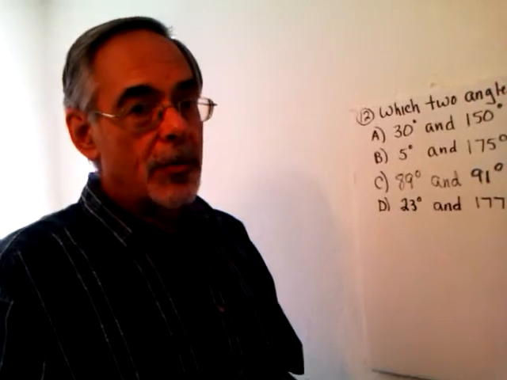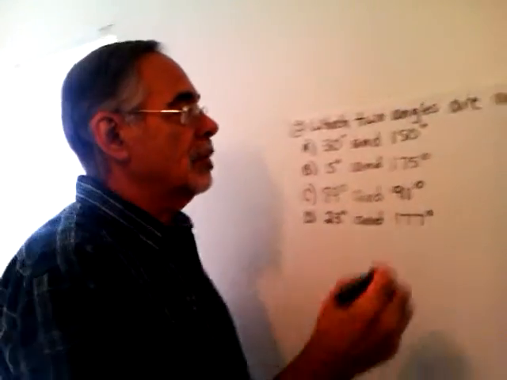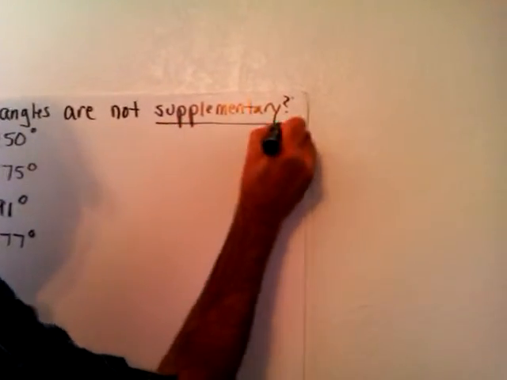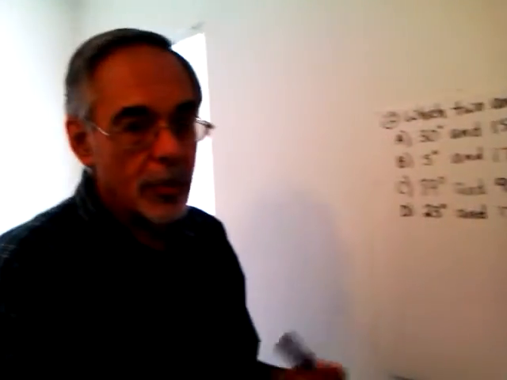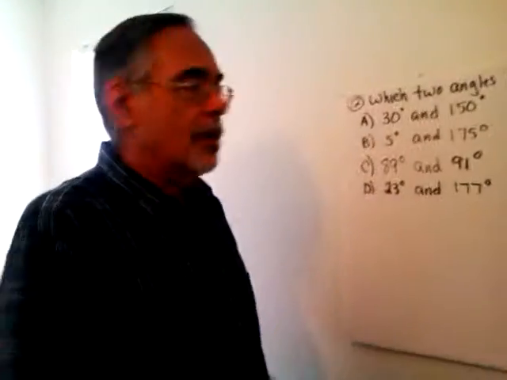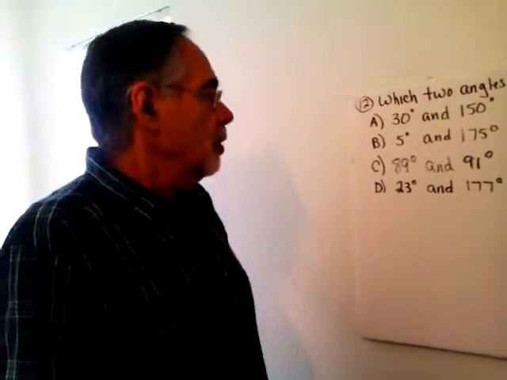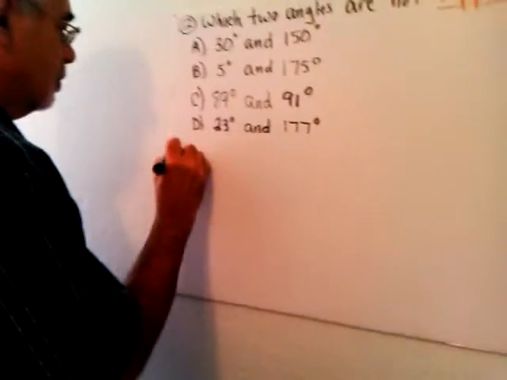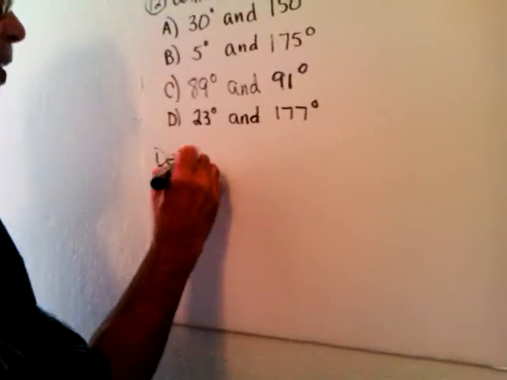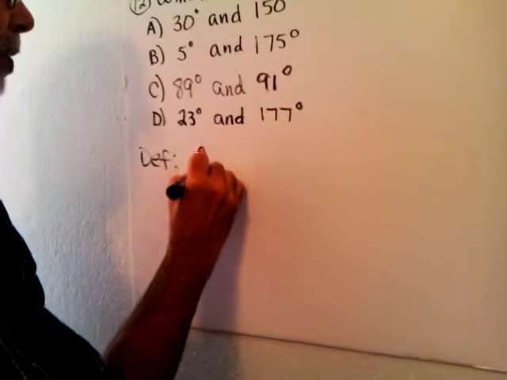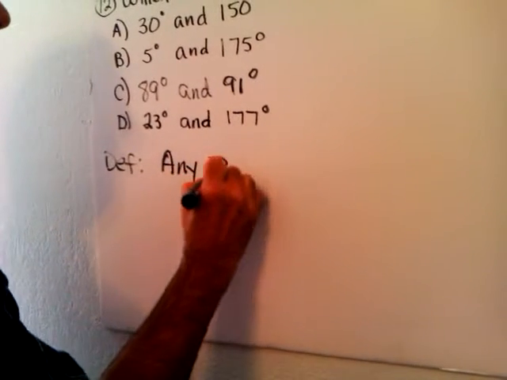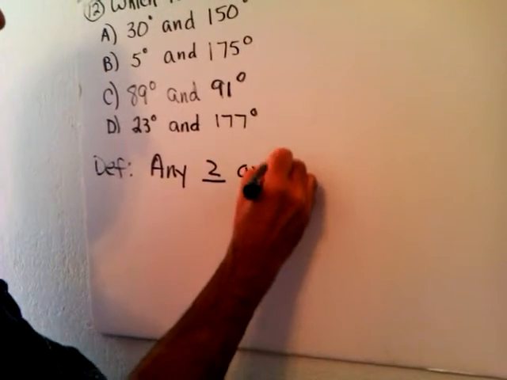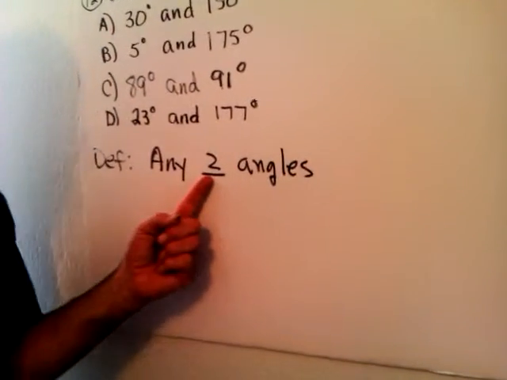Before we begin, however, the best thing for us to do is to define what we mean by supplementary angles, because if we don't know what supplementary angles are, it's going to make the problem rather difficult. So, by definition, if we'll recall, supplementary angles are any two angles, and of course this has to be an angle pair, so it has to be 2.